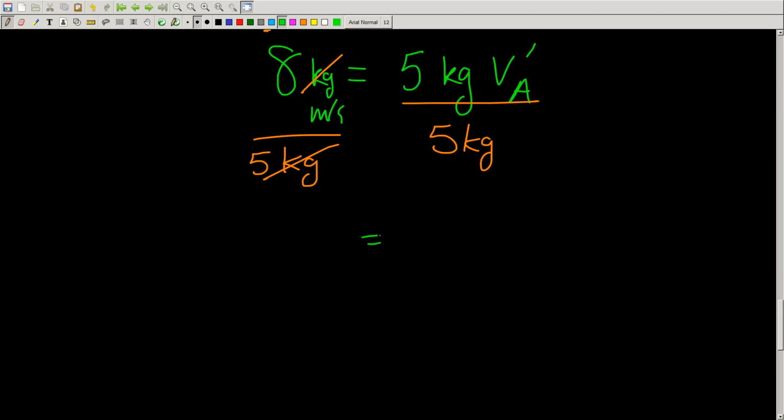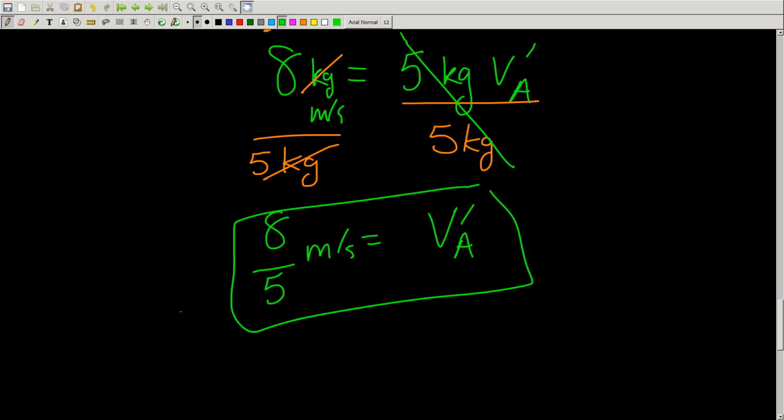And that quantity is simply 8 over 5 meters per second. VA prime, because that cancels. Okay, so that is an example of how we can use the conservation of momentum to solve for quantities in physics examples, in physics problems.